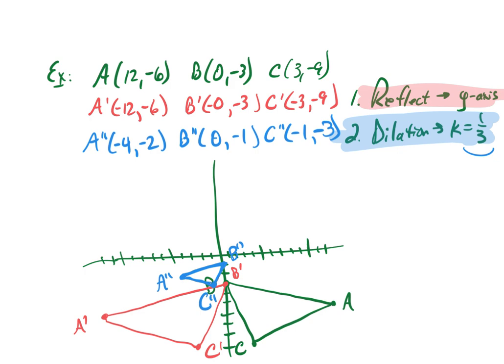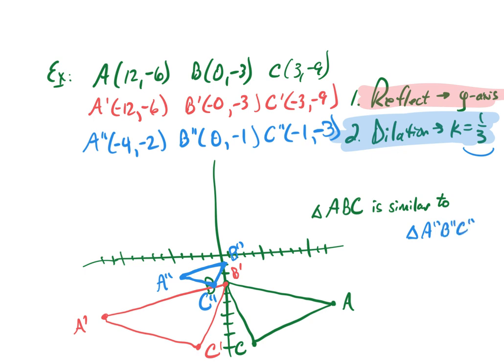And what we say at the end is that the original green triangle ABC is going to be similar to the blue triangle A double prime, B double prime, C double prime.